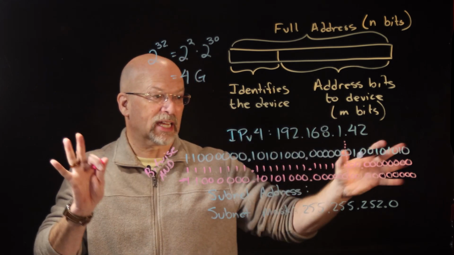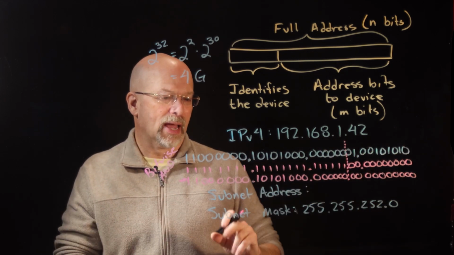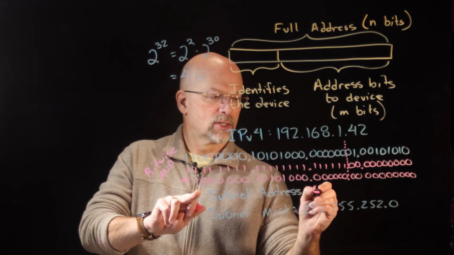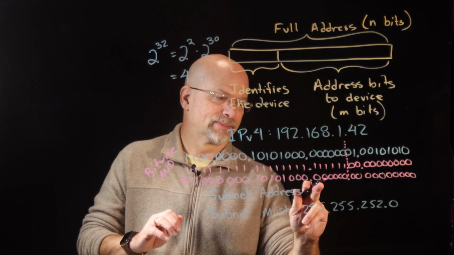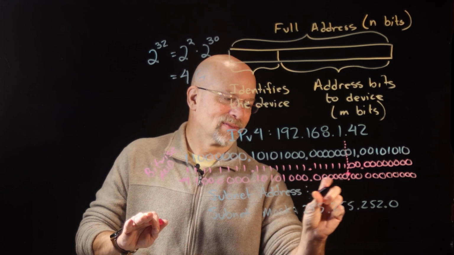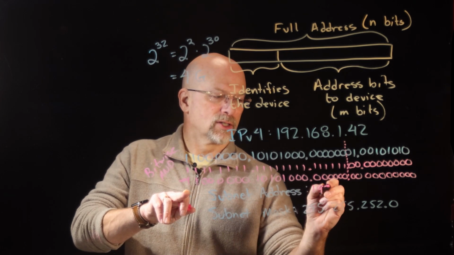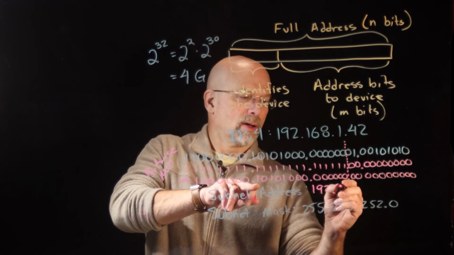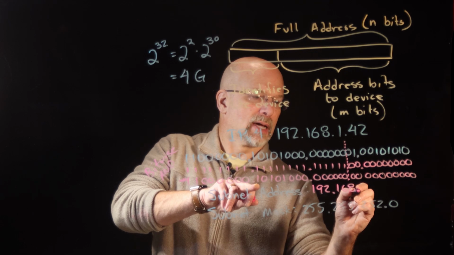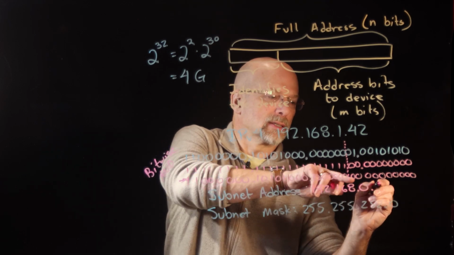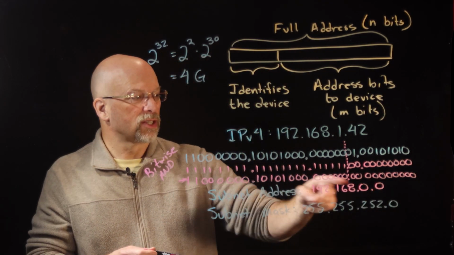So for our particular address and subnet, let's write this normally, or in decimal, that's 192.168.0.0. So there is the subnet address.